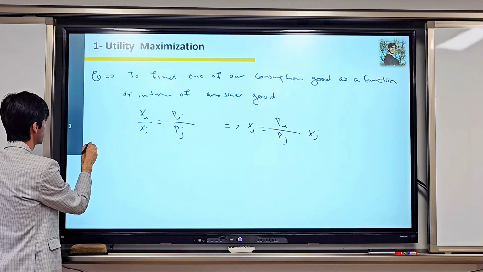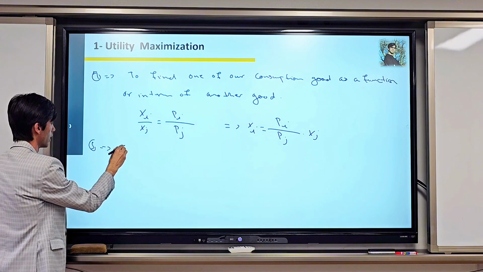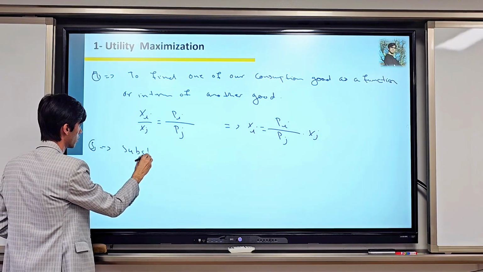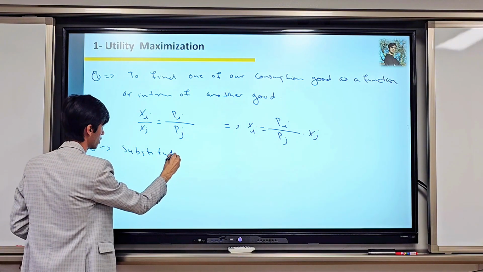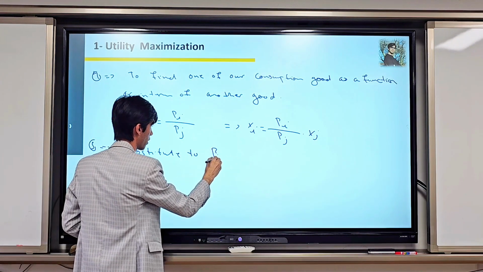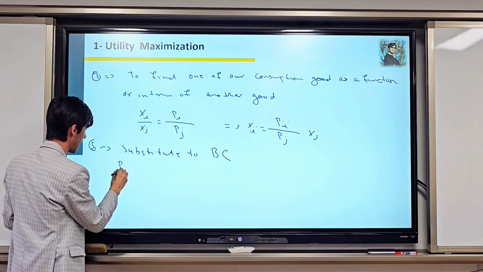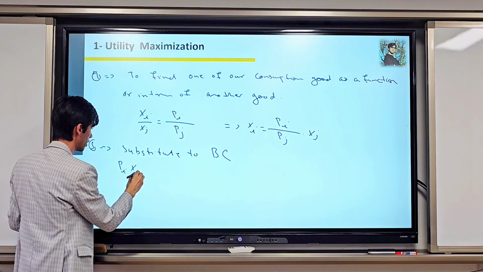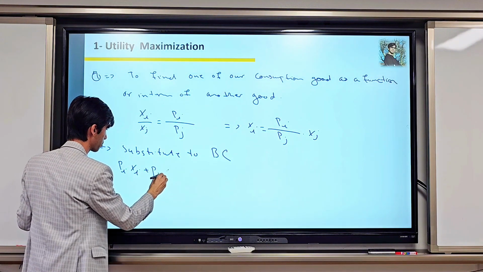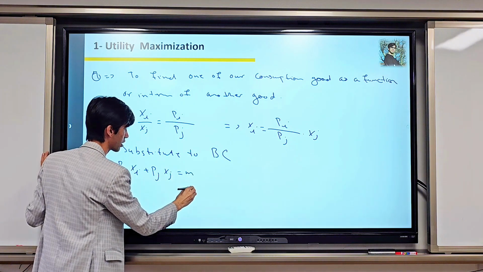The fifth step, the next one, is to substitute into the budget constraint. In the budget constraint, we have pi xi plus pj xj is equal to m.